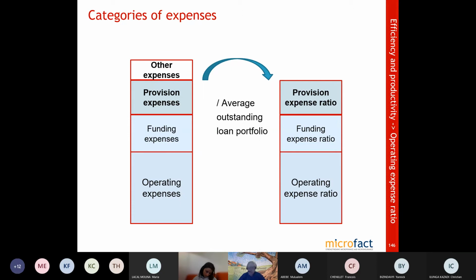But this is the discussion in the sector. The easiest way of being more efficient is just to double the size of your loans. You do the same effort, same work, the same operating expenses, but if you have the resources available, you just do more. But this is the trade-off in the sector, of course.